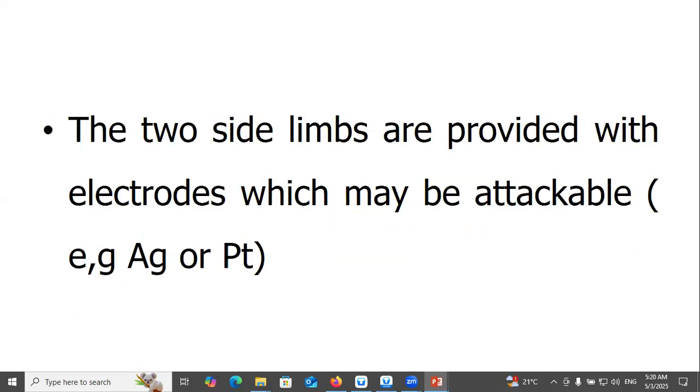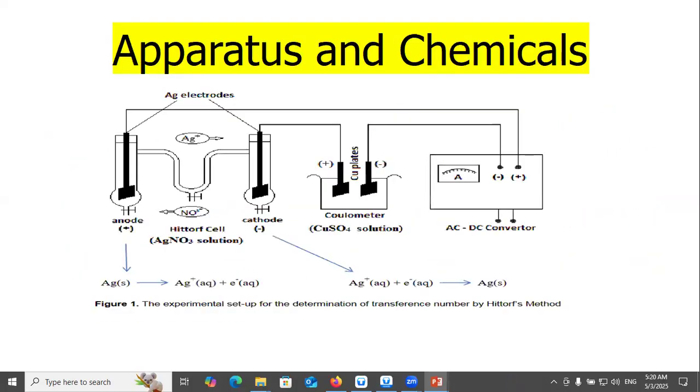The two side limbs are provided with electrodes which may be attackable or unattackable, for example silver or platinum. In this apparatus, silver electrodes are used.